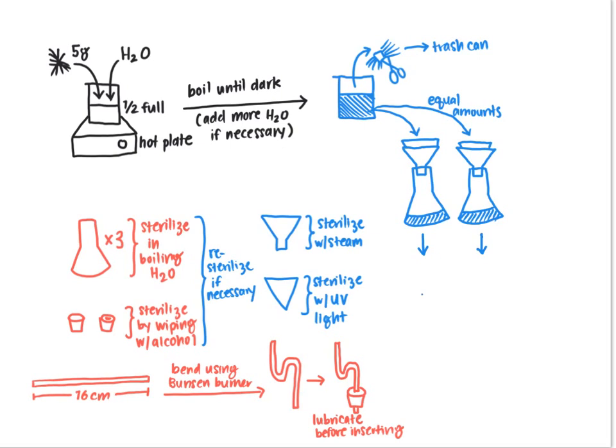So again, we have a stopper, our solid stopper going into 1 flask here. And our S-shaped bent tubing stopper going into our other flask here.